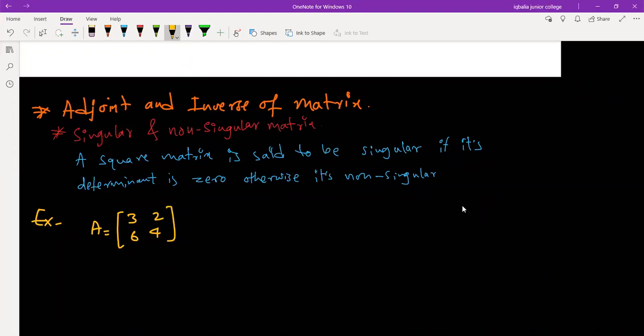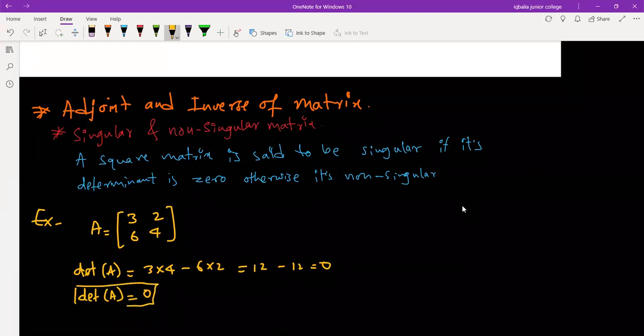So the determinant of A will be 3 into 4 minus 6 into 2. So 3 fours are 12 minus 6 twos are 12. So the determinant is coming 0. So if the determinant is 0, that type of matrix is called a singular matrix.